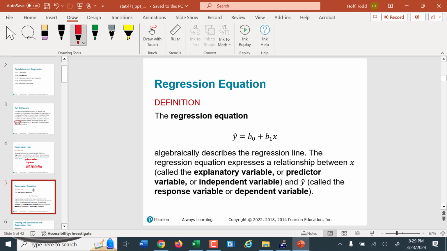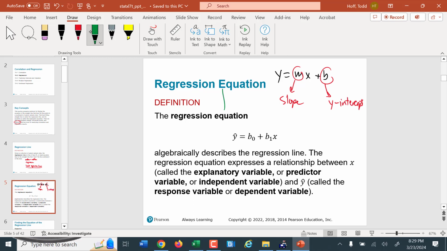And so when we talk about a linear equation, we're used to linear equations being of the form y equals mx plus b, where m is the slope and b is the y-intercept. If we're looking at a graph, if this is our line, this is that value of b, and m is the rise for 1 unit of run.